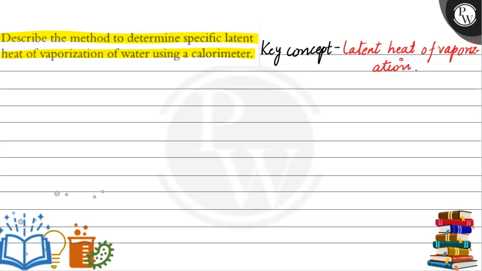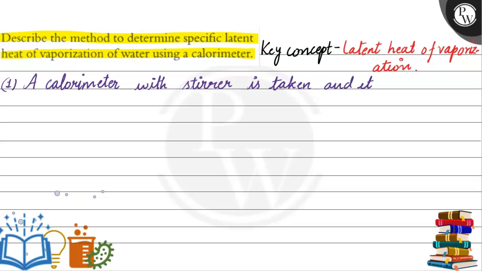So the steps to determine the latent heat of vaporization of water are: first, a calorimeter with stirrer is taken and it is weighed.